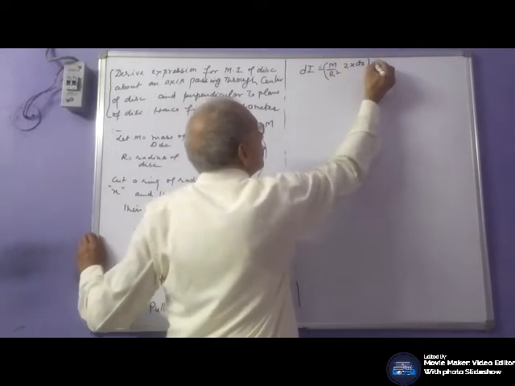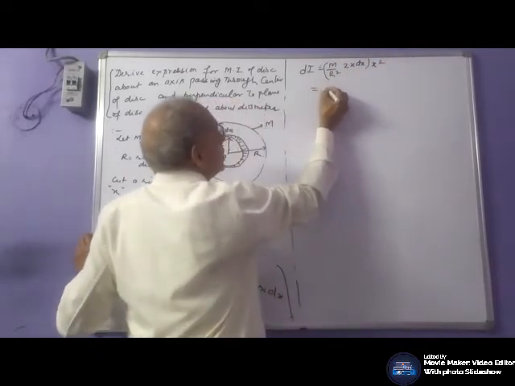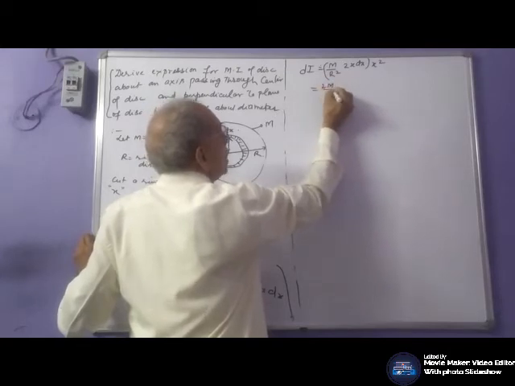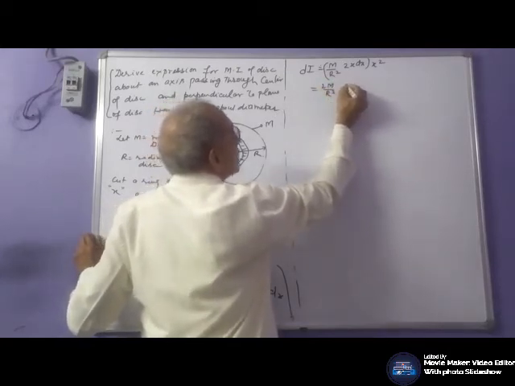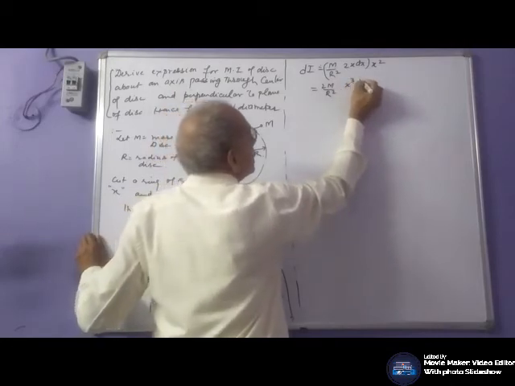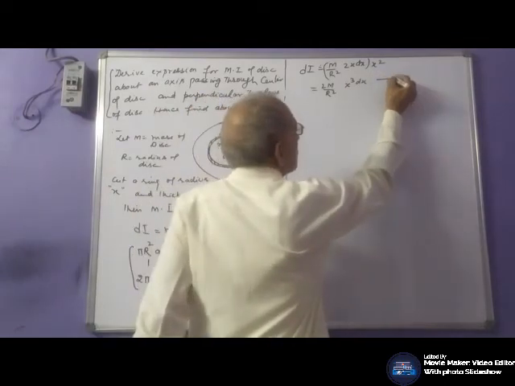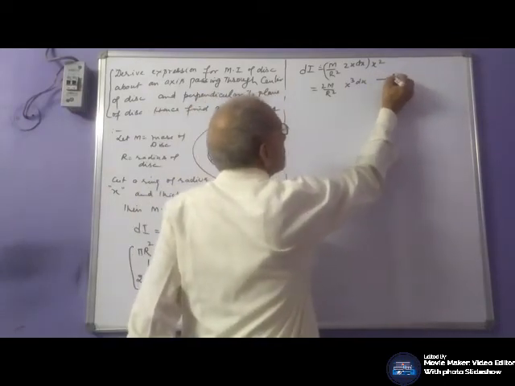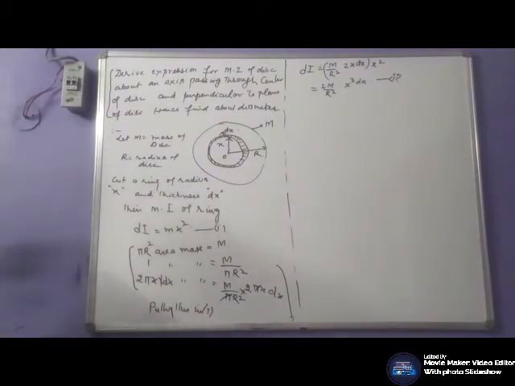This was your m and it is x square. So it comes out to be 2m by r square x cube dx. This is what the moment of inertia of this ring is.